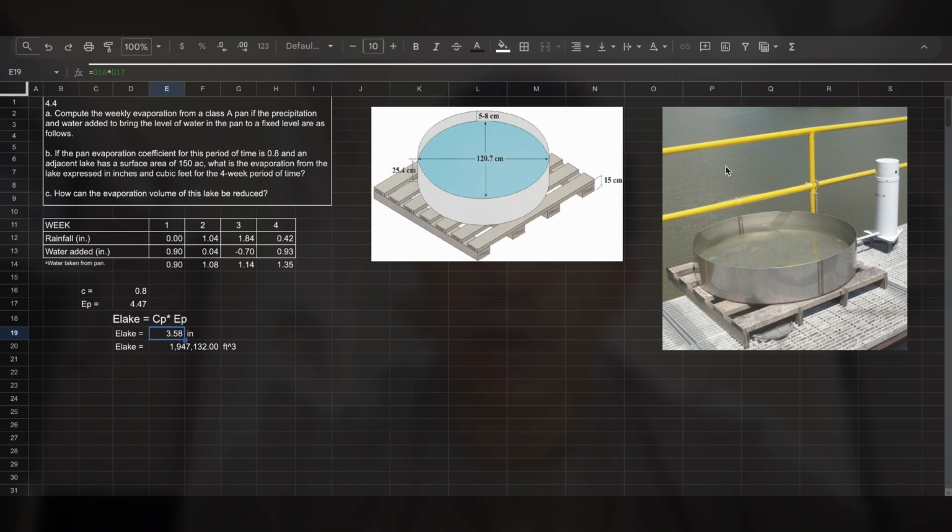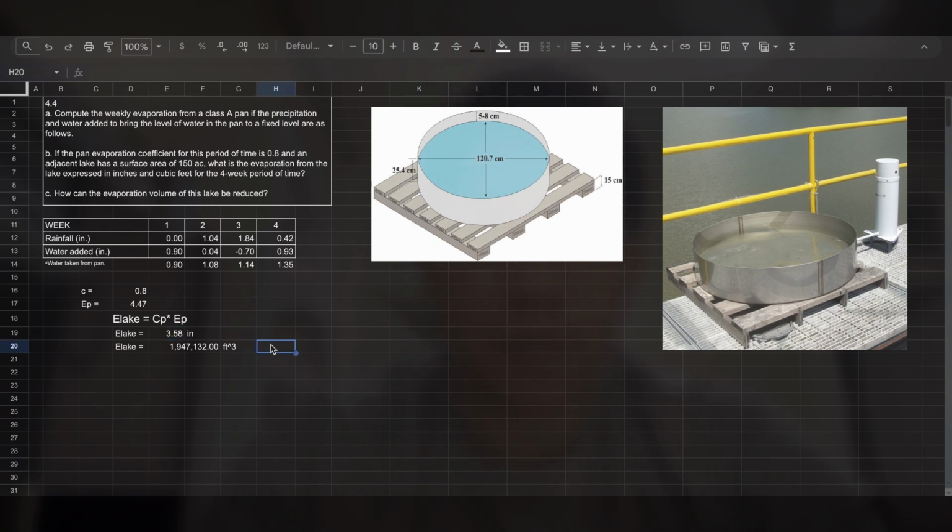So a great way to reduce the evaporation is to reduce the surface area, and we can do that by building deeper reservoirs, right? Assuming this lake is actually a reservoir, if we make deeper reservoirs, we're going to need less surface area because it's going to go deeper. So this radius is going to be smaller. So less surface area will produce less evaporation.